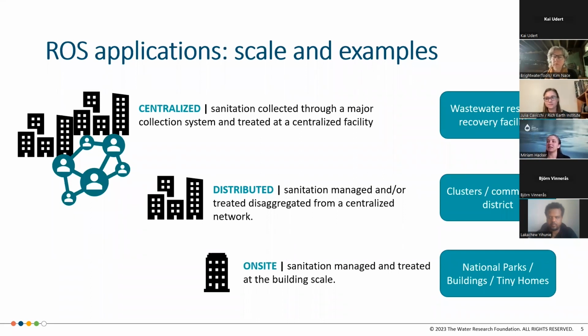And so some examples that came to mind with resource-oriented sanitation, for example, the national parks recently picked up composting toilets because they had folks that were irresponsibly discharging waste on trails and park sites. And there wanted to be a sustainable solution to how to help folks continue enjoying the park system, but in a way that didn't require extensive maintenance and couldn't be connected to a centralized system. Also, a very niche application, which I personally am just very interested in, is tiny homes.